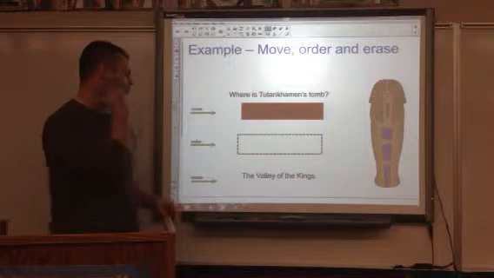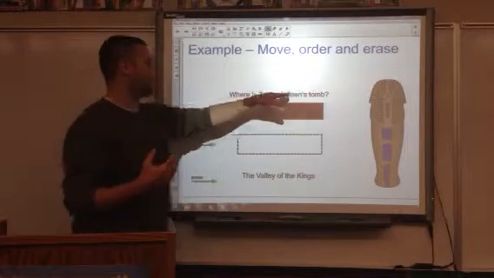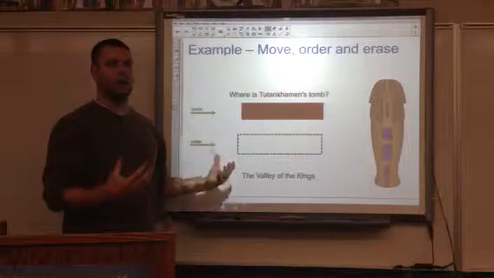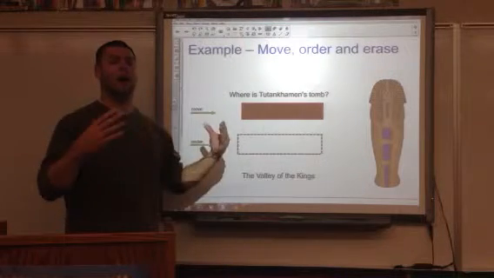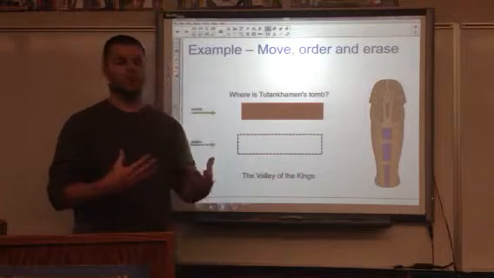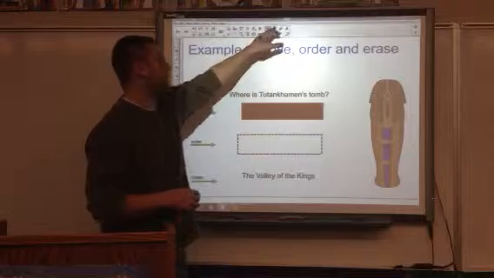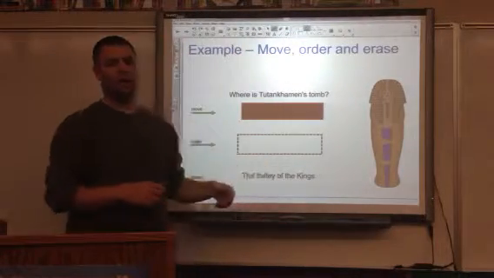The second one that we'll look at is the order to reveal. So going off of the same question that we have here about where is Tutankhamun's tomb, what we're going to want to do is create another rectangle in which our answer is going to go. So in order to do that, if I go back up to my shapes option here, I want to select a rectangle.